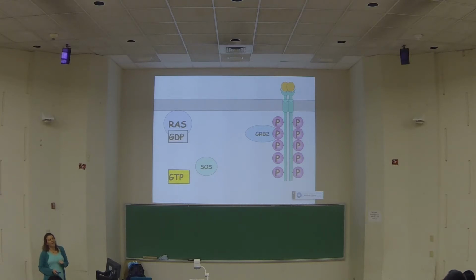Once our tyrosine kinase is activated, autophosphorylation, GRB2 that has that SH2 domain can bind to the phosphorylated tyrosines. Then it can associate with SOS. That activates SOS.